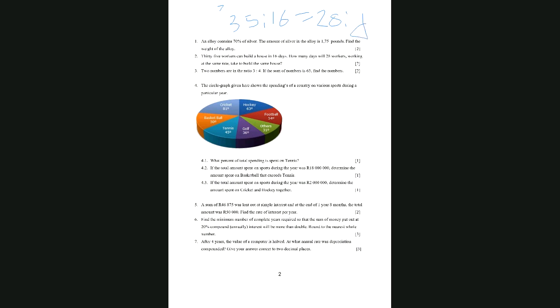So 35 divided by 16 equals 28 divided by D. Then we can find D equals 28 times 16 divided by 35. What will be our answer?